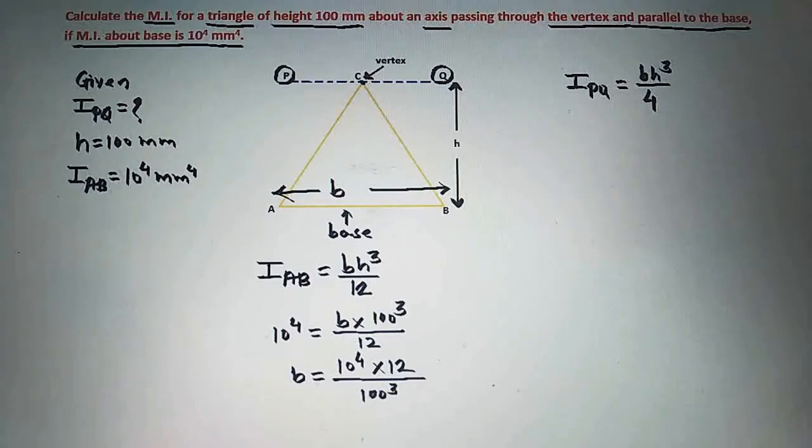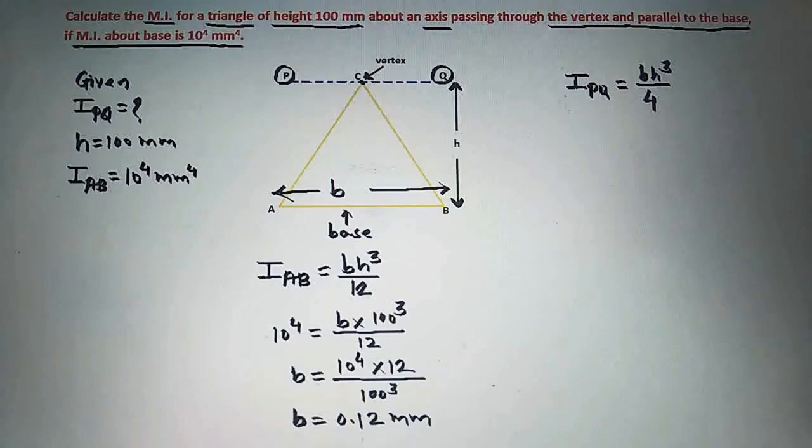If we calculate 10 raised to 4 into 12 divided by 100 cube, we get the value of B as 0.12, and the unit of base will be mm. So B is equal to 0.12 mm.